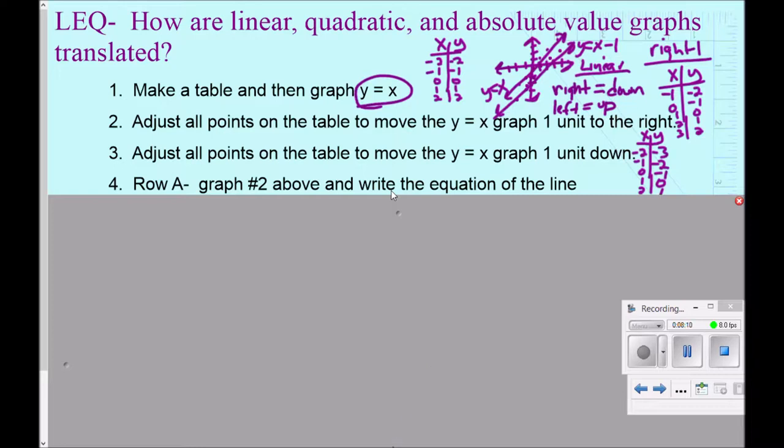Okay, and we also talked about because right and down are the same and the equation is y equals x minus however many units, in that case 1, then left and up are the same, which means the equation would be y equals x plus however many units the graph is being shifted up or left.